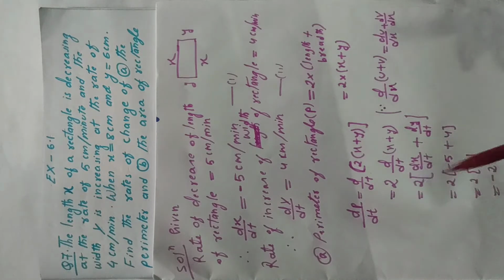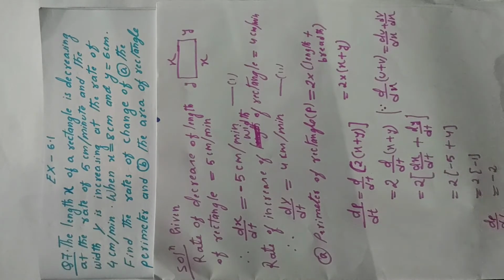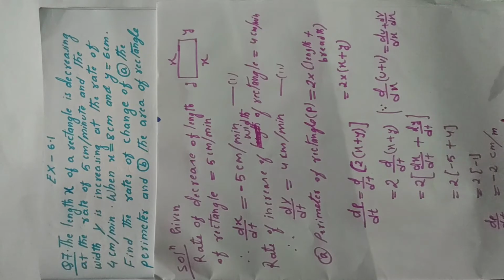That means what? Perimeter is decreasing. Negative sign indicates that perimeter is decreasing at the rate of 2 centimeter per minute, right? dP/dt. Now what is the unit of this? For perimeter the unit is centimeter, by time it is given in the question minute.